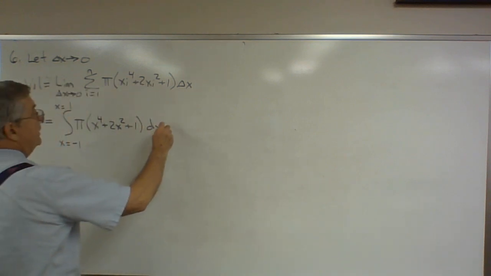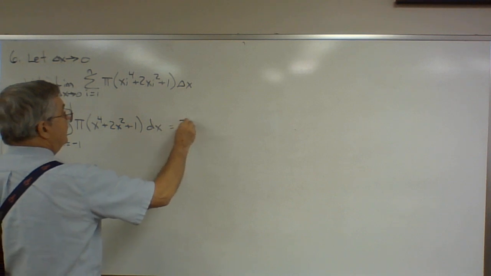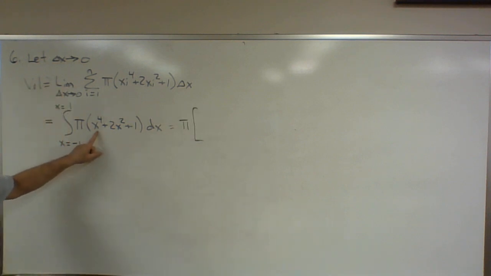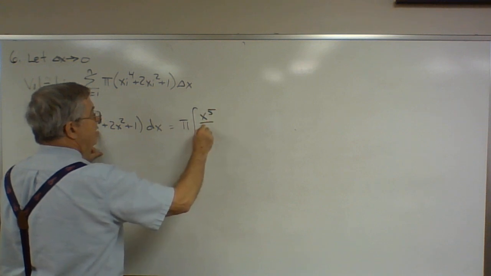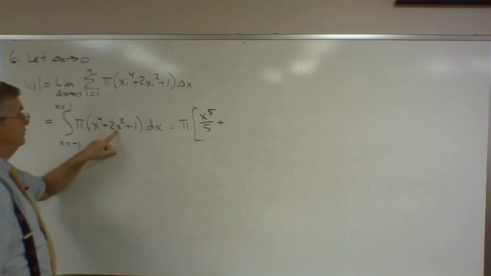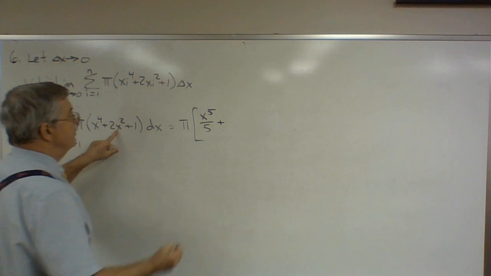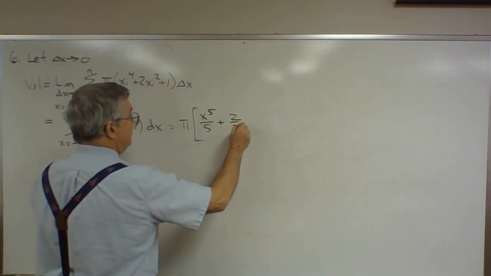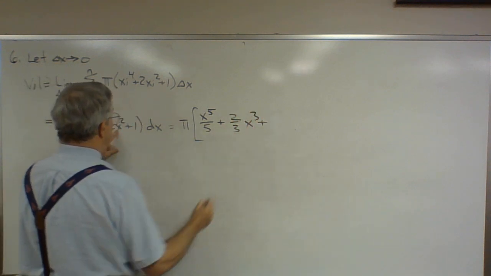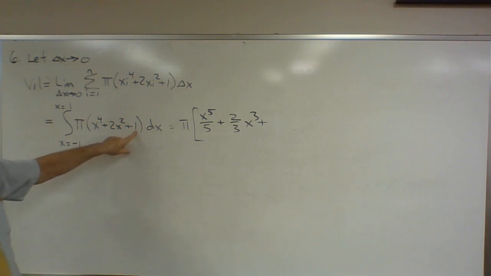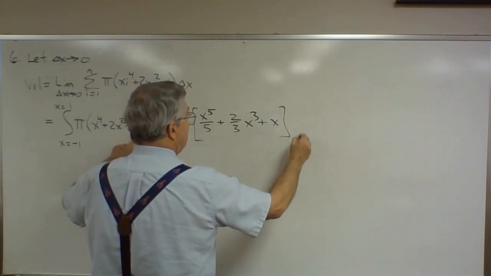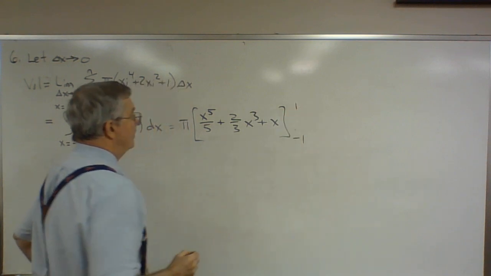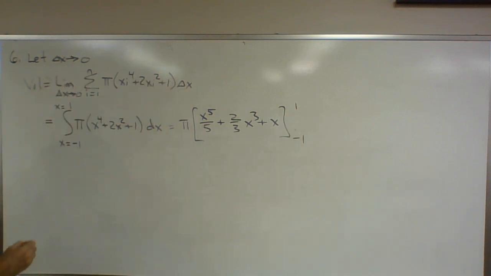We'll get pi times x to the fifth over 5 plus 2x cubed over 3 plus x, evaluated from -1 to 1. And that's going to equal what?